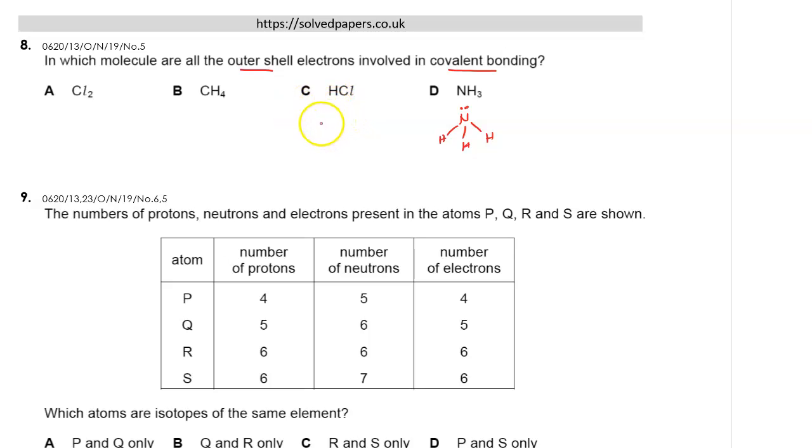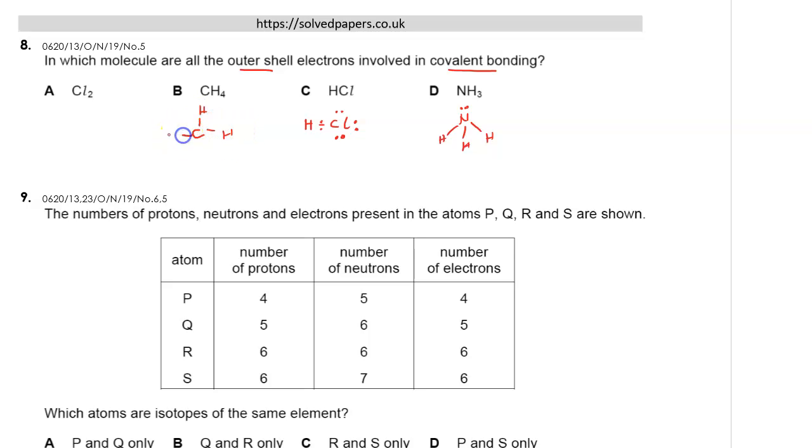What about hydrogen chloride? Hydrogen chloride bonds with chlorine. There is a bonded pair of electrons between hydrogen and chlorine, but chlorine has got three pairs of outer electrons which are not participating in bonding, so that makes it not correct. What about methane? Methane is bonded to 4 hydrogen atoms.